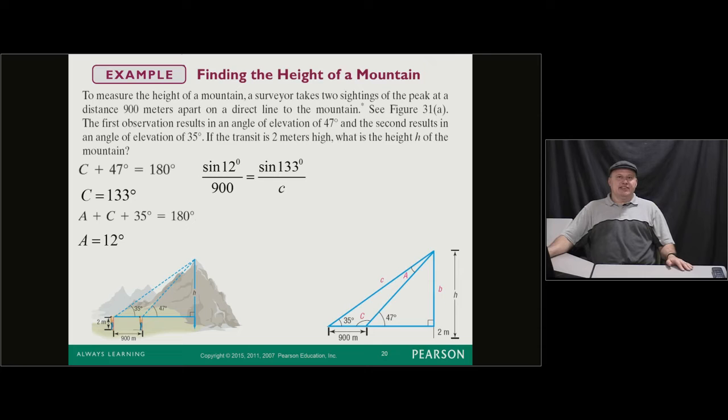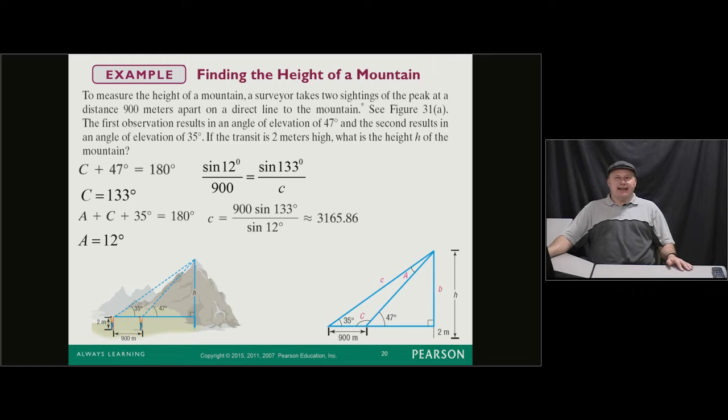equals sine of 133 degrees, which I just found a while ago, over C. So that's going to give me that longest side on the left by cross multiplying and then dividing by the sine of 12 degrees, and you get 3,165.86 meters.